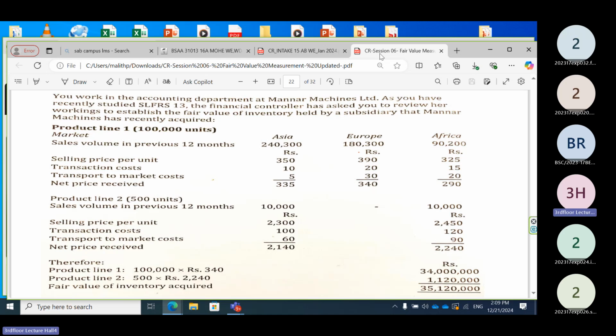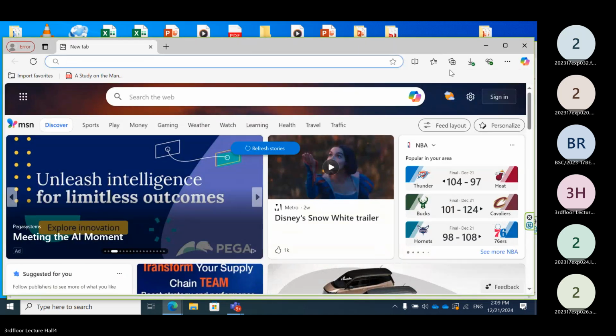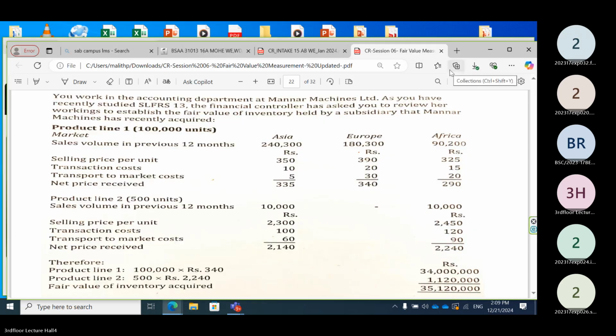For the 2 markets, they have used 2,240 into 500. Easily, they have used the highest value for their valuation. You need to advise them as per SLFRS 30 how we should do this.